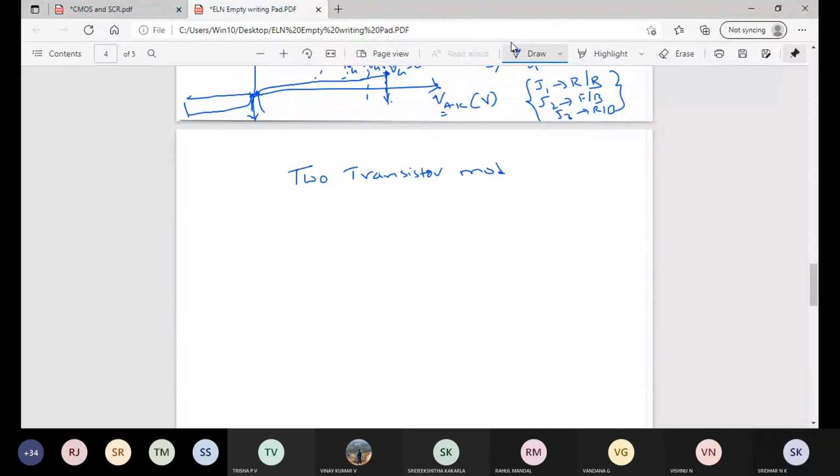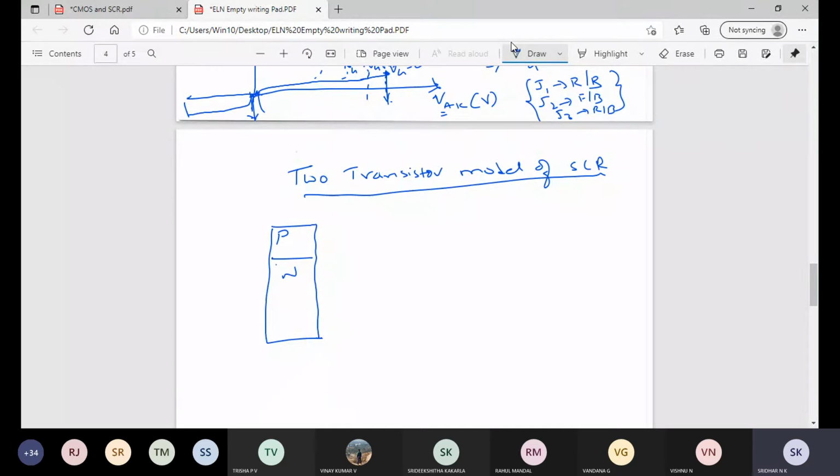If you see the structure of SCR, there is a P and there is an N and there is a P and N. Let it be as it is.